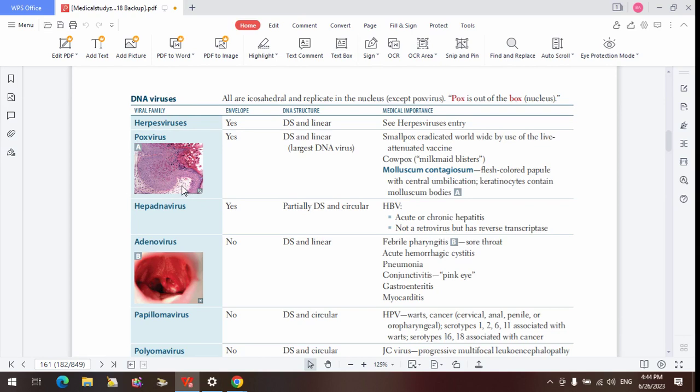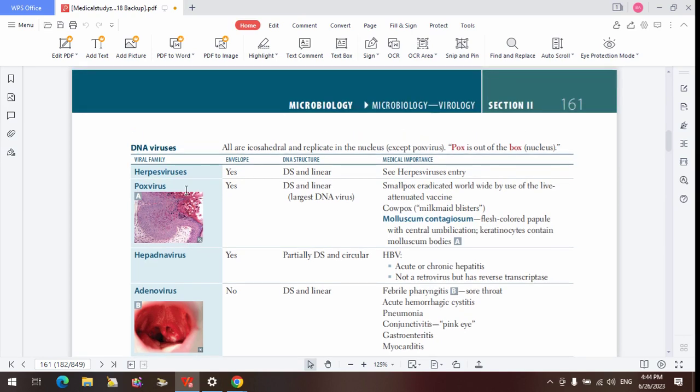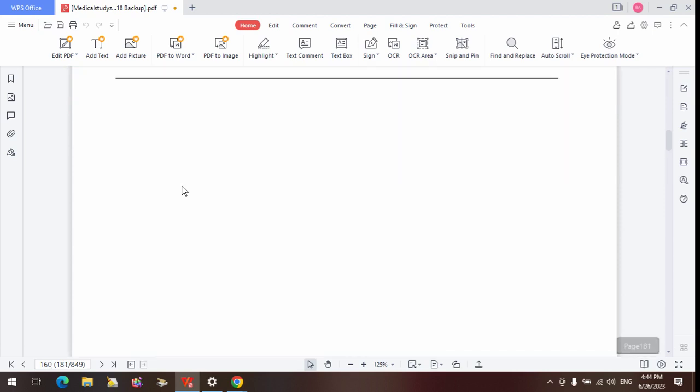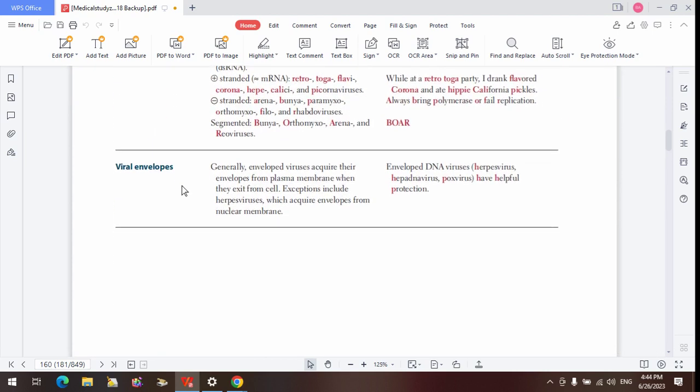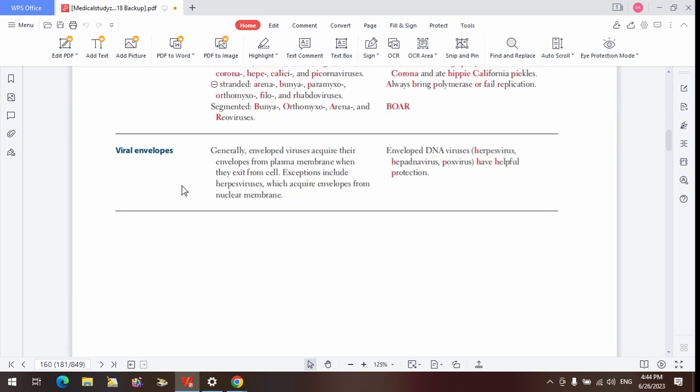Herpes, Hepadna, Pox are enveloped DNA viruses.